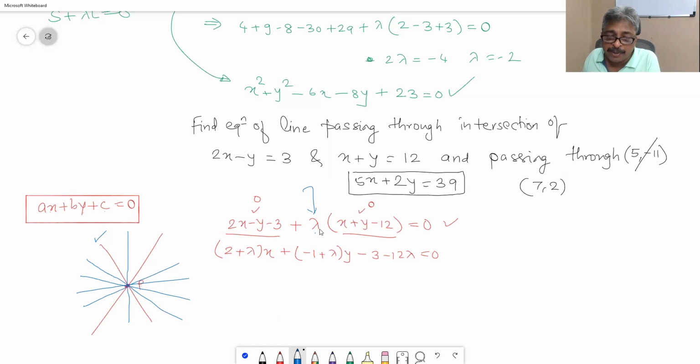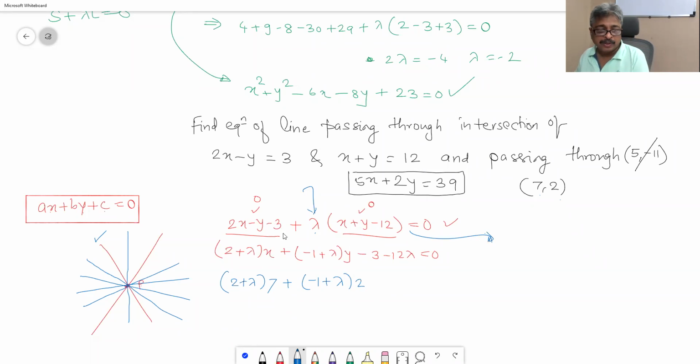So for different values of lambda, you will keep getting different straight lines, and you want a straight line which passes through 7, 2. Very good. So 2 plus lambda times 7, or it is better to put in the first equation.